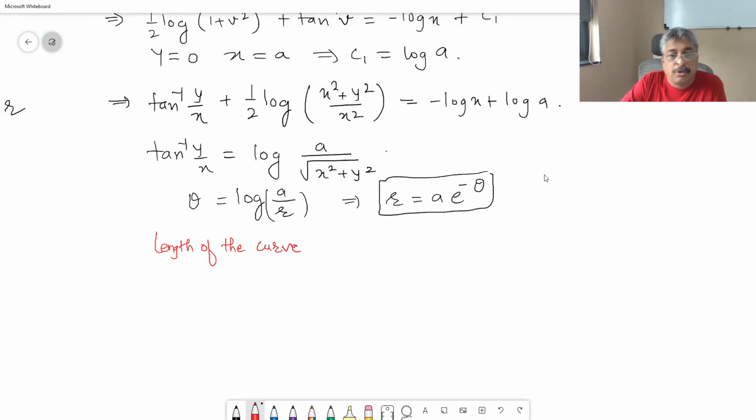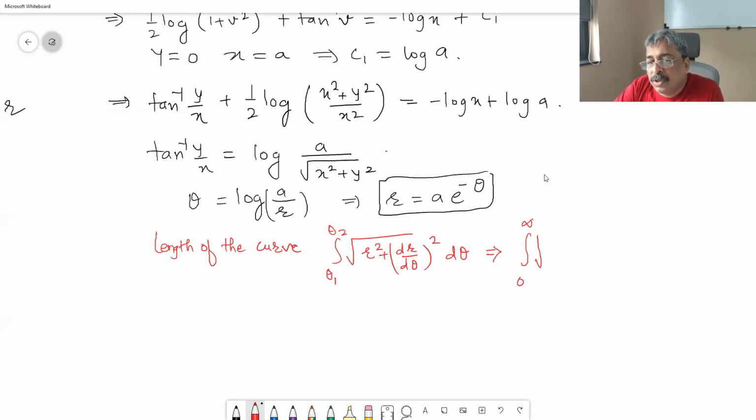If you remember the formula, it is the integral from theta 1 to theta 2 of the radical of r squared plus (dr by d theta) squared, d theta. So basically for us it will be the integral from 0 to infinity, because they will keep on rotating as they come closer and closer, and therefore the angle will tend to infinity.